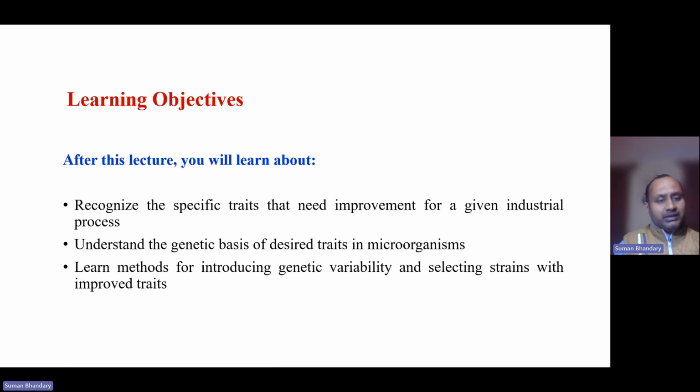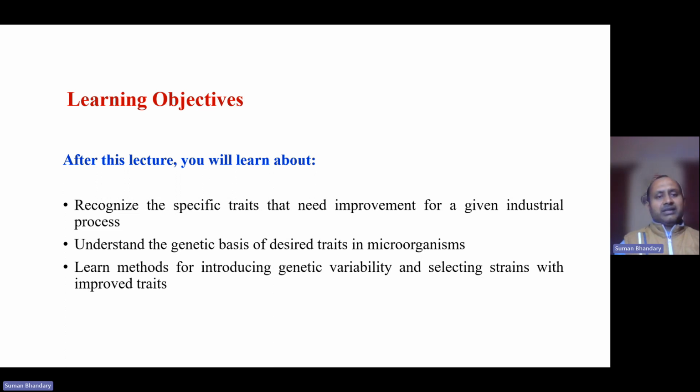You will understand the genetic basis of desired traits in microorganisms, and also you will learn the methods for introducing genetic variability and selecting strains with improved traits.